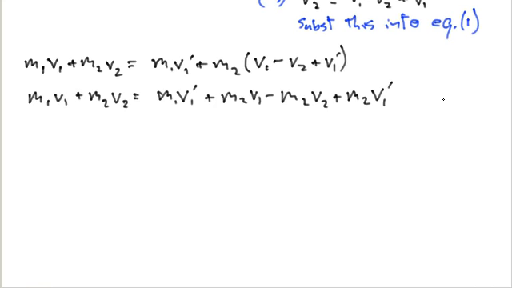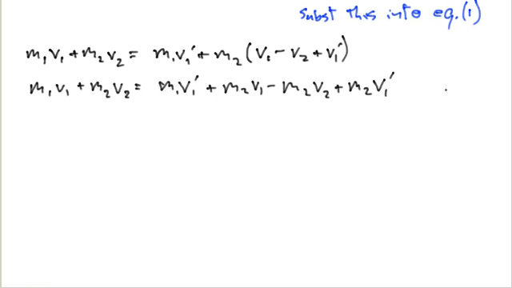Now gather all the terms that have V1 prime in it, and I'm also going to switch sides, so I'll call it on the left. So that's M1 V1 prime plus M2 V1 prime, and then that's equal to, I'm taking everything else over, but I'm going to write it on the right.